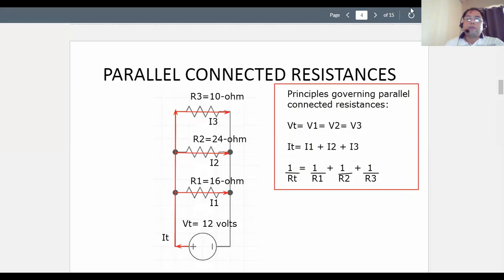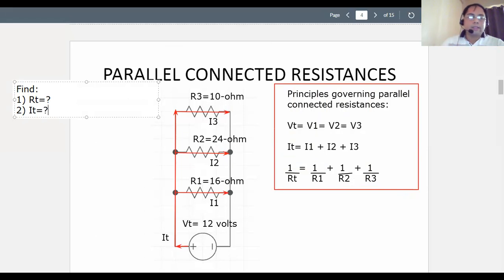Now, let's say we are given this circuit and we will try to find some of the values here. First is maybe the total resistance. How much is that value? Next, number 2, we will try to find again the total current.